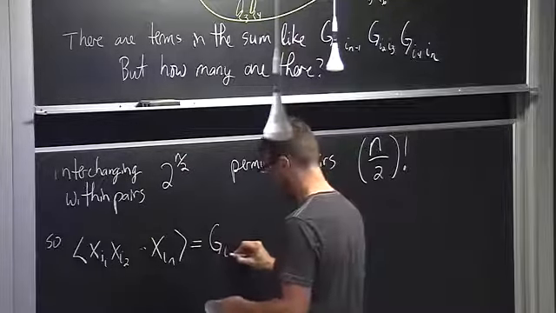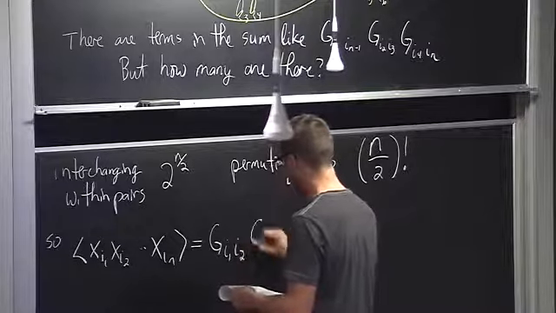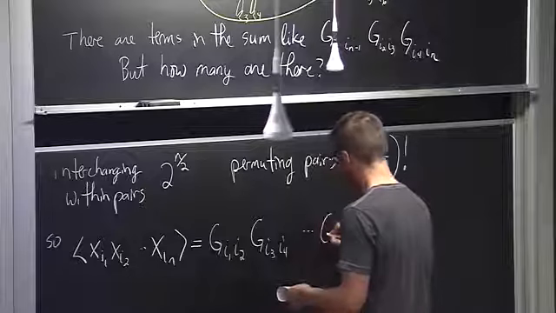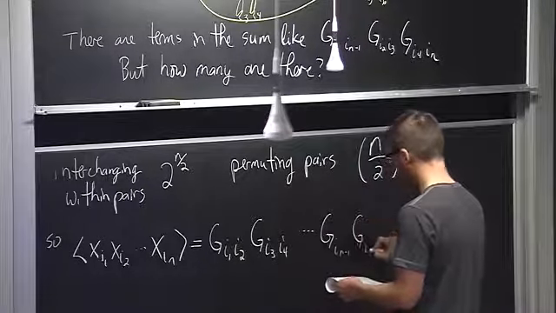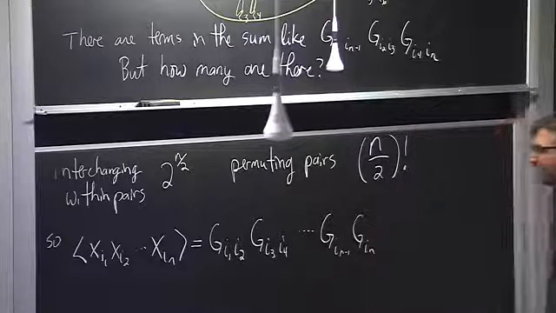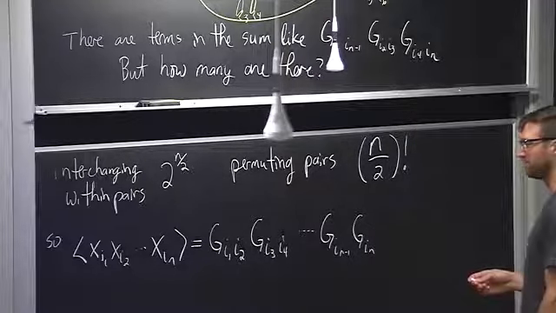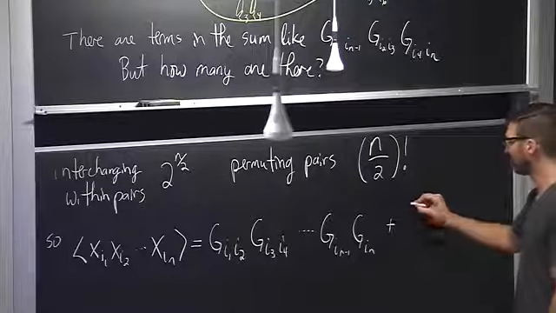So gi, I don't know what it is. You can write the first element, 3. So you still have a sum, but it's basically this plus all other possible pairings.